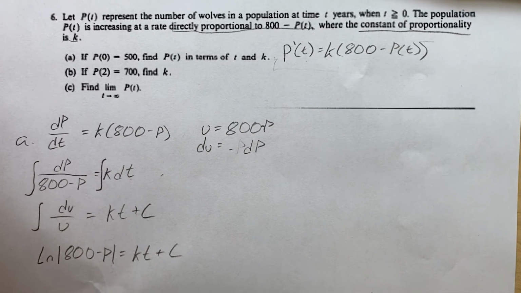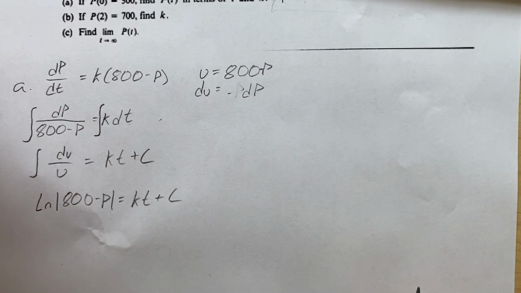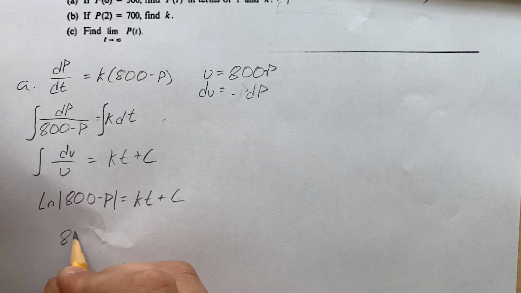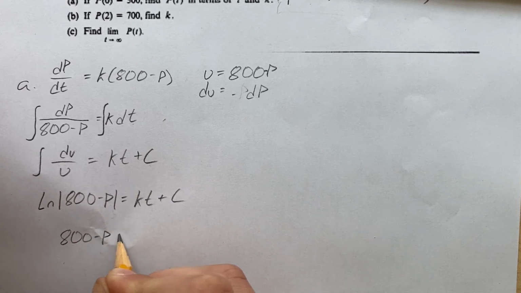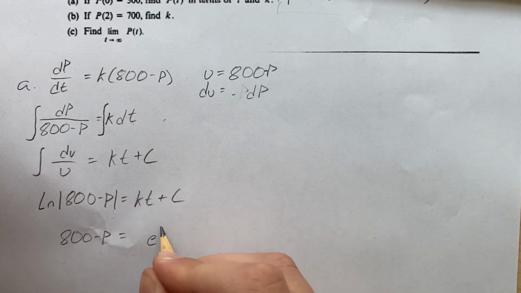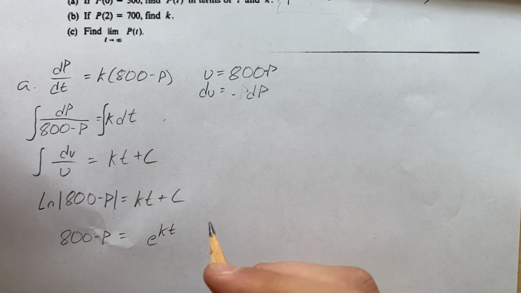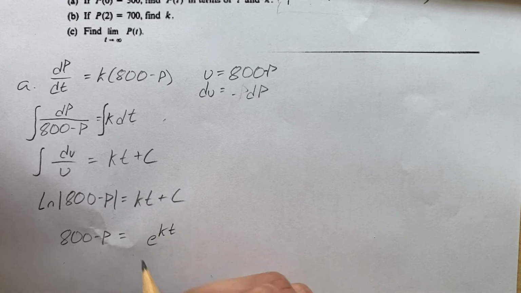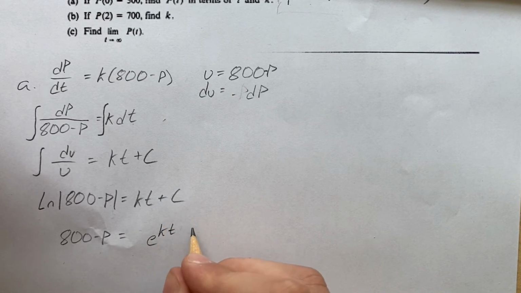Now we have to do a little bit of algebra. We're going to exponentiate both sides. So you'll get 800 minus p equals e to the kt. I'm going to pull the c term out of the expression, because remember, if you're adding something in the exponent, that's the same as multiplying by it.